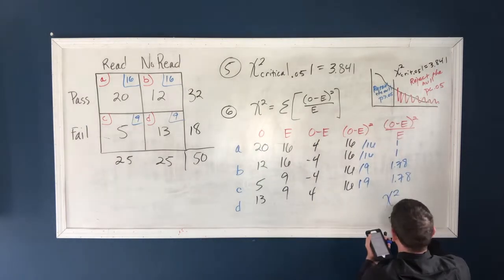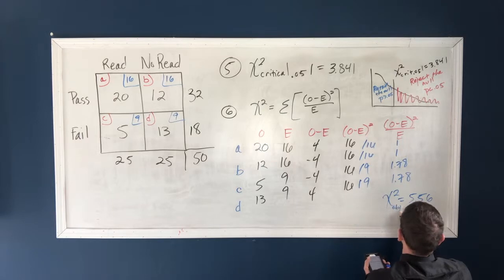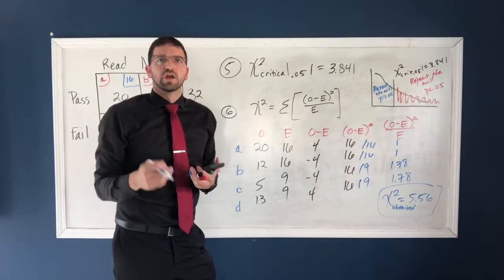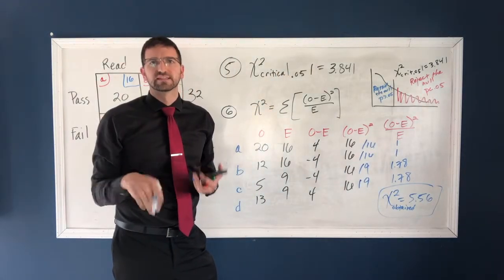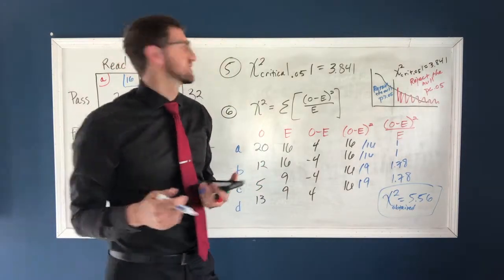So your chi-squared obtained is going to be 5.56. Okay, now let's throw this onto our rejection region graphic and see whether we're going to reject or retain the null hypothesis.